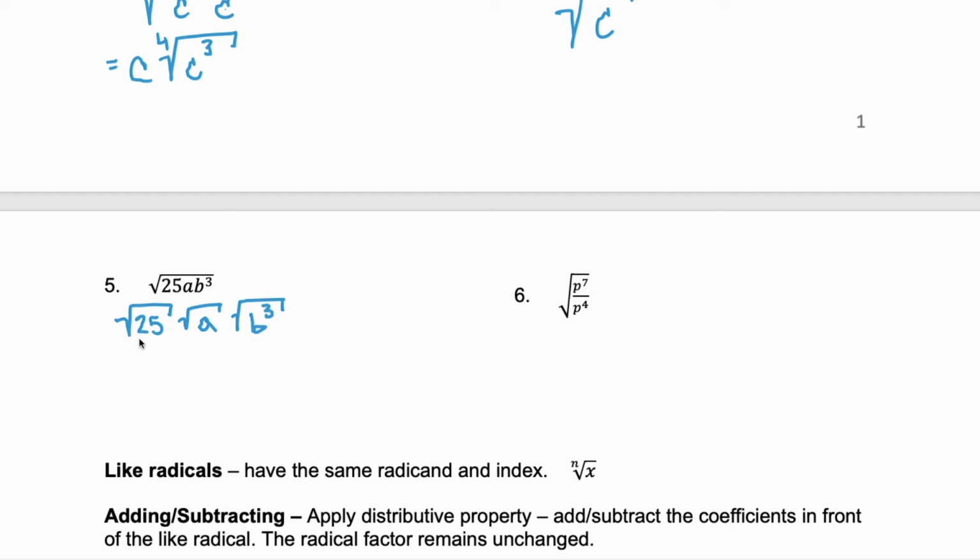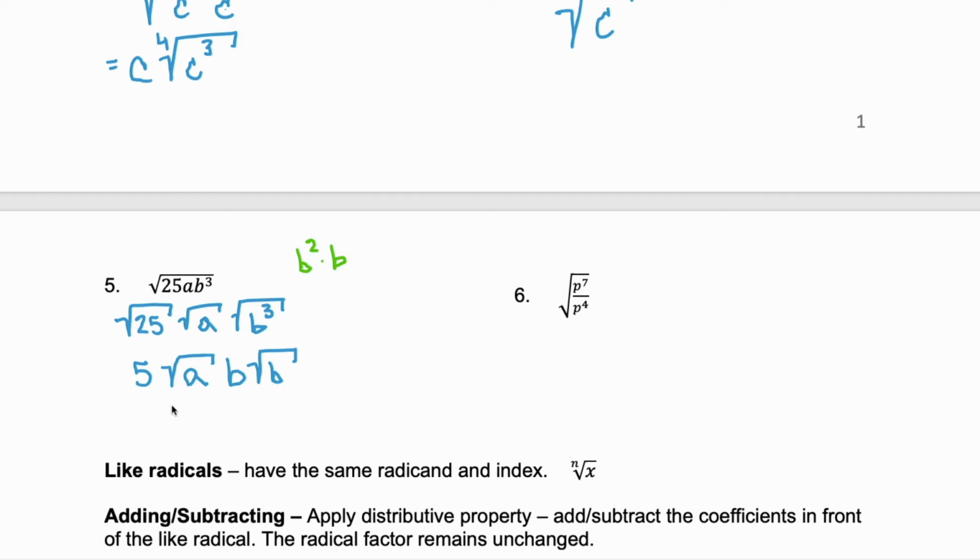We know that the square root of 25 is 5. We only have one a in the second square root, so we can't simplify that. Well, b cubed, remember that would be b squared times b, so we can simplify that. We have a b that comes out, and we're left with a b inside the square root.